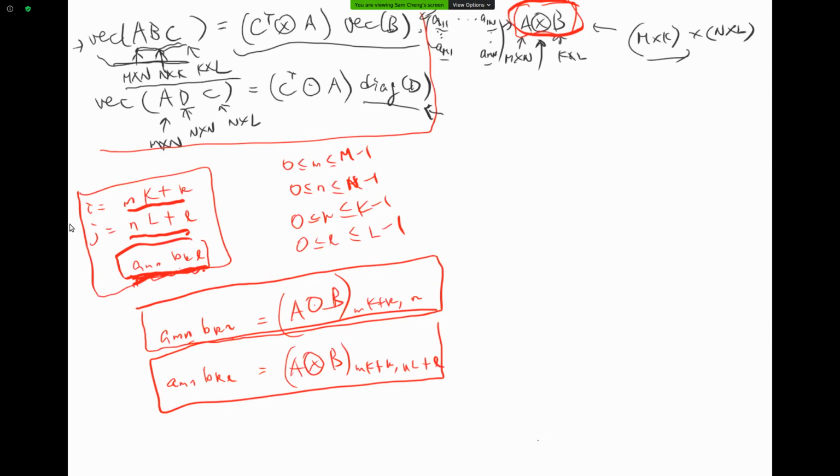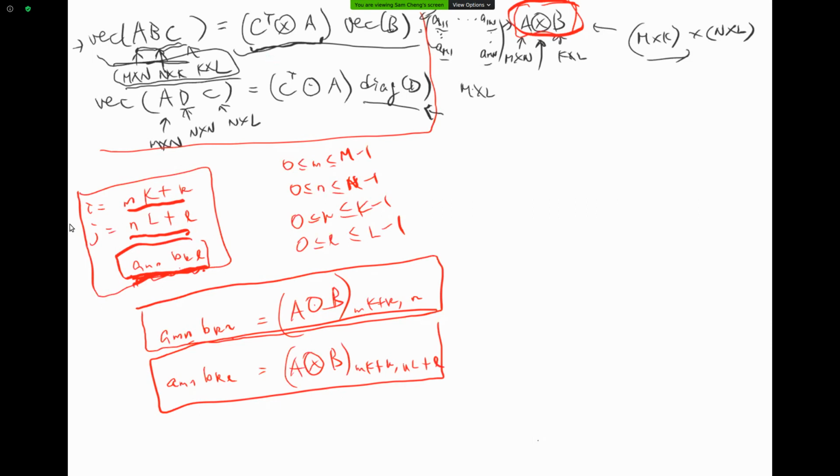A times B times C has dimension M times L, so when I vectorize it, it is a column vector of length M times L. For C transpose, the dimension is L times K here, and A has dimension M by N here.